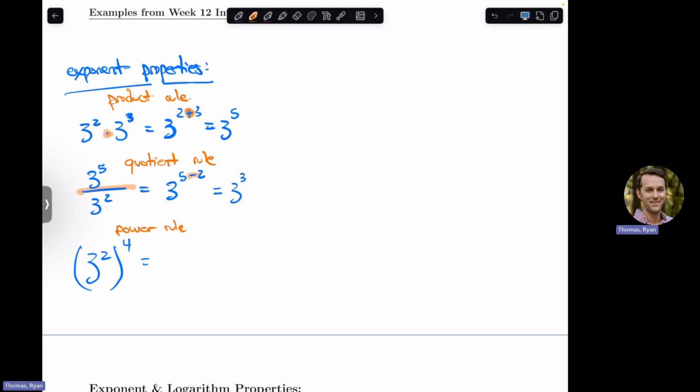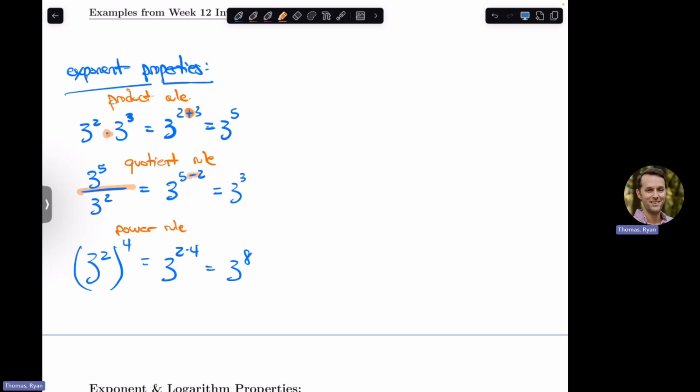And another way to get 8 from 2 and 4 is 2 times 4. This is really just a shorthand version of what's happening here. This power means 4 of those written out, but each of those is going to be 2 plus 2 plus 2 plus 2, so you end up with 8.